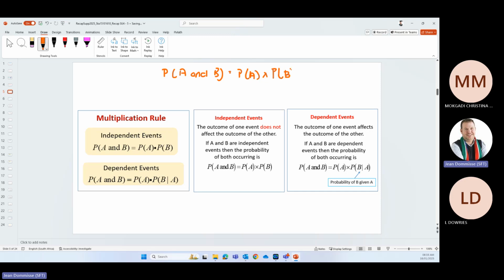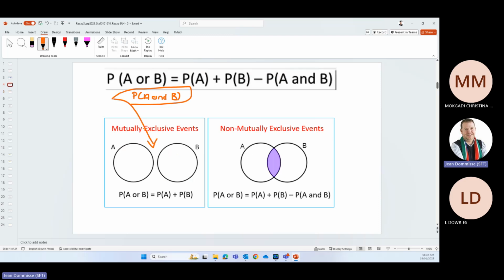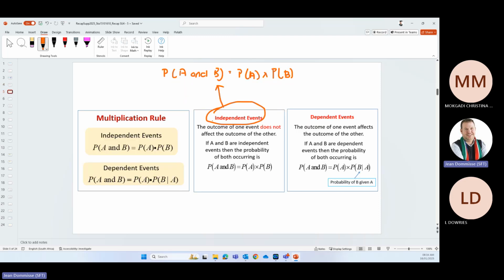Okay, so that is how we will get the "and" when it is independent. So that basically is two very important things to remember, especially when we get to some questions, because sometimes they tell us A and B is mutually exclusive, or sometimes they tell us A and B is independent. So in those instances, they don't need to give us the "and", because you will be able to work it out because of the rules around mutual exclusivity and independence.